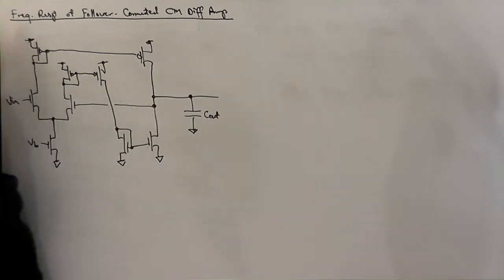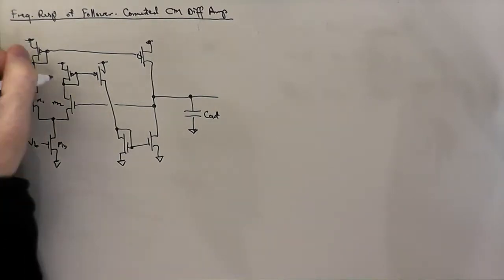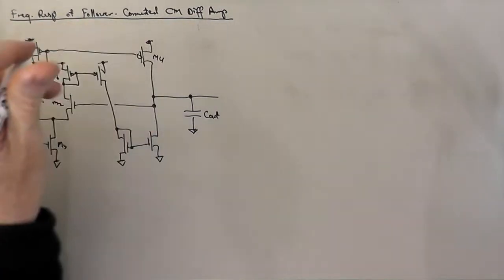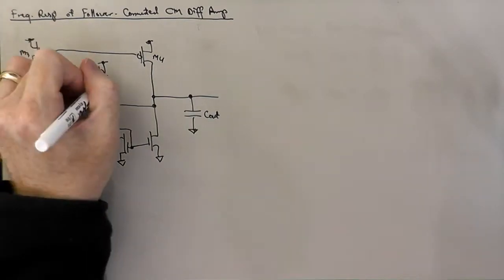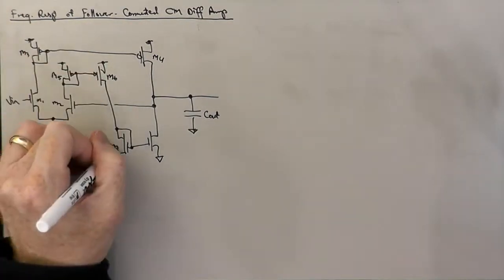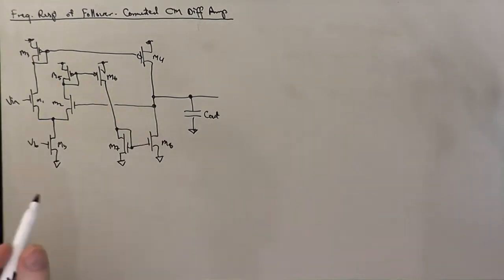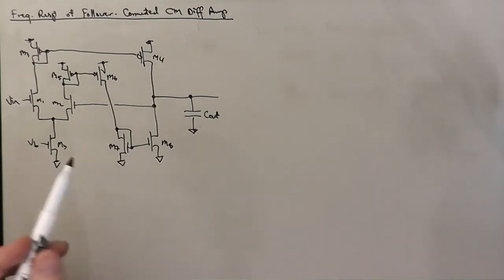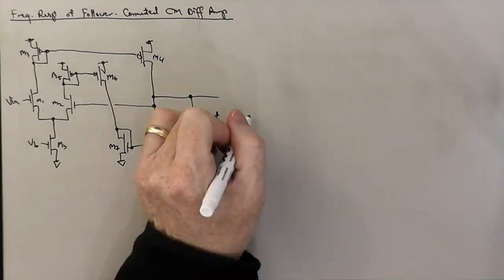And so I'll put in here M1, M2, MB, M3, M4 is here, M5, M6, M7, and M8. And so the first thing is to think about where the quiescent output voltage is going to be, because that's where we have to adjust the output voltage source that we're going to attach.